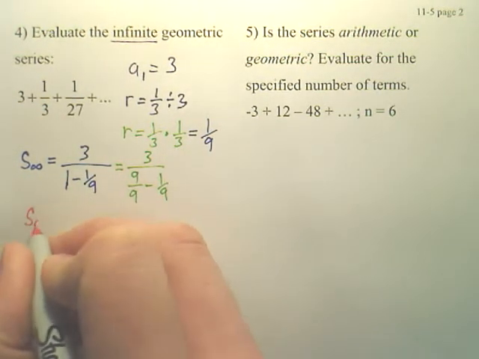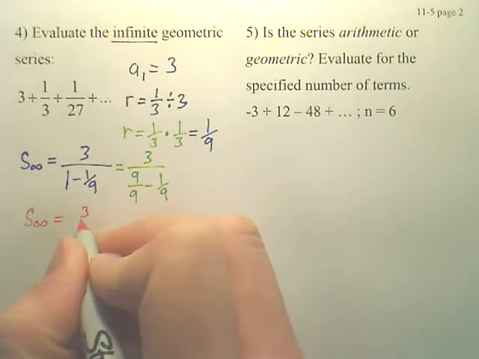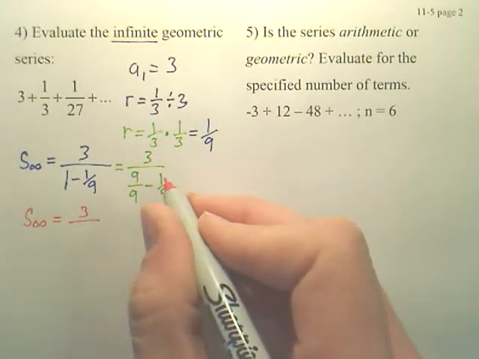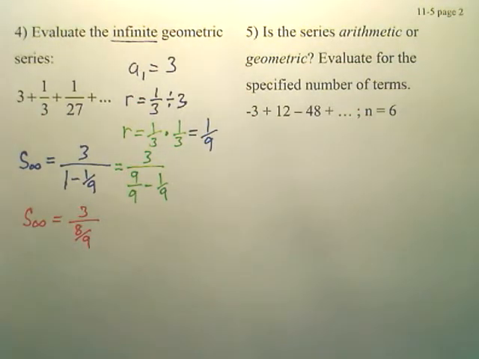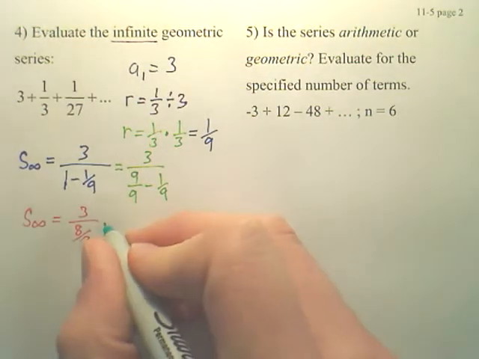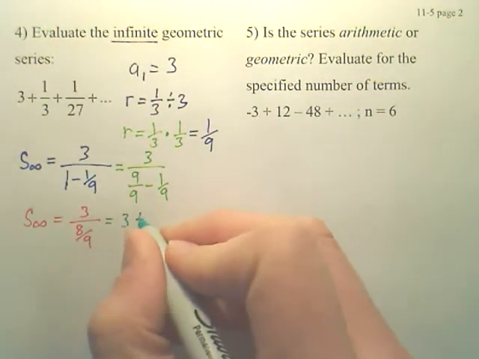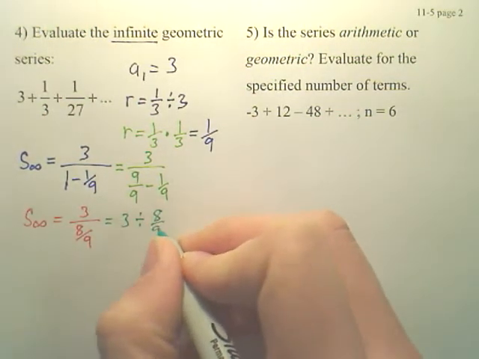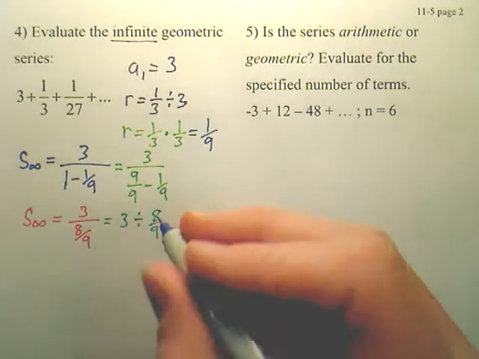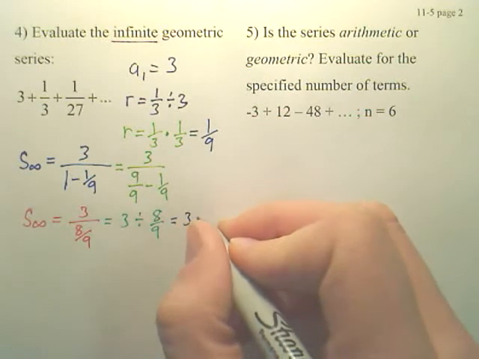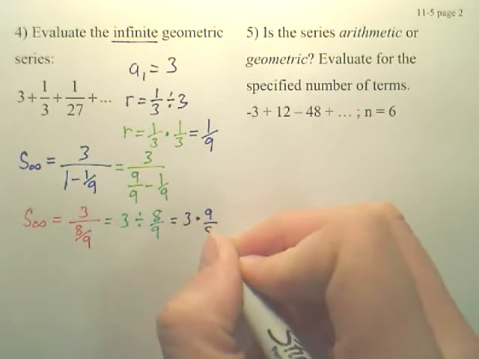So I now have S infinity is equal to 3 over, what's 9 minus 1? 8. So 3 over 8/9. Do you understand that means 3 divided by 8/9? Which, can't we write that as 3 times 9 over 8?